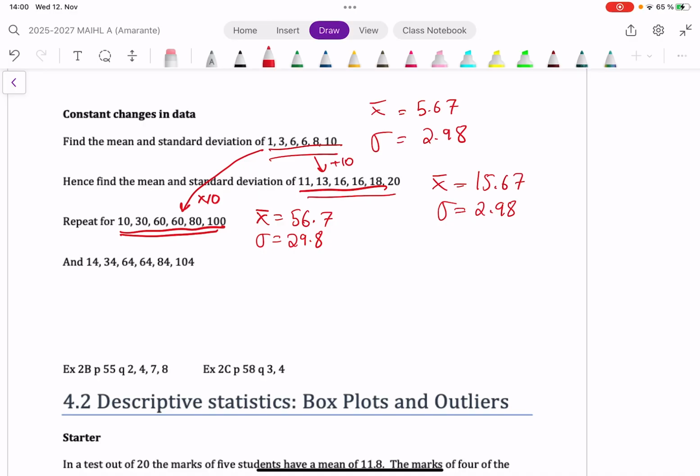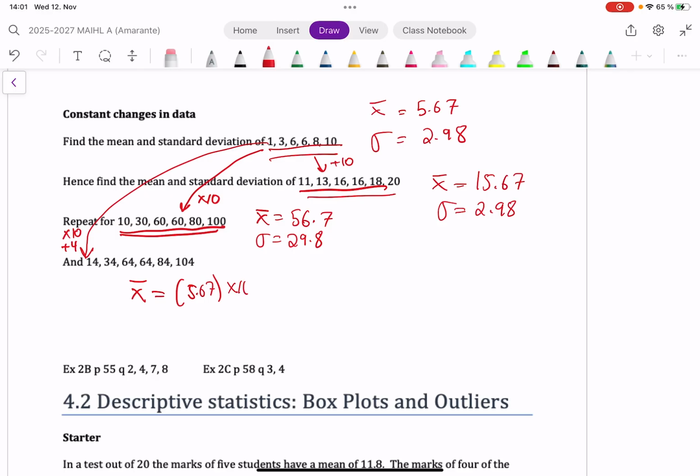And so then what happens if I have a combination of 2 of those? So these are created by multiplying by 10 and then adding 4. Right? If I take each individual element and I multiply by 10 and then I add 4 to it, I'll get this last list. And so to find this one, it's going to be 5.67.